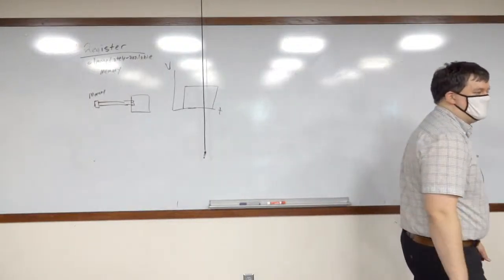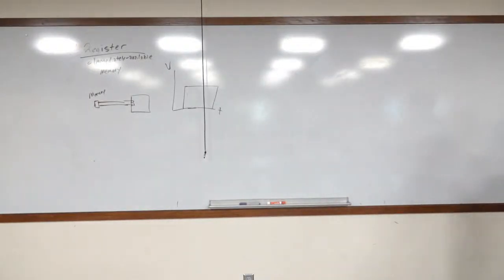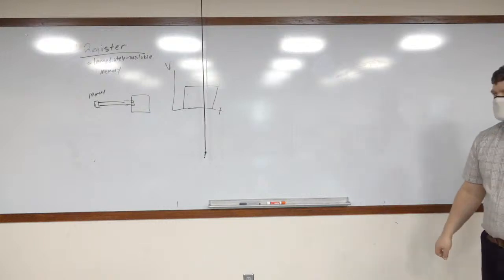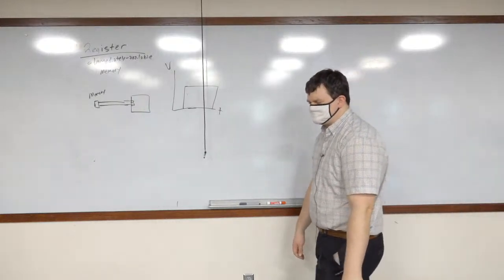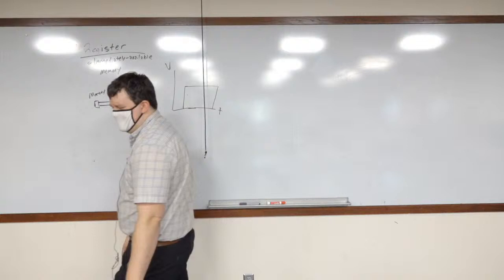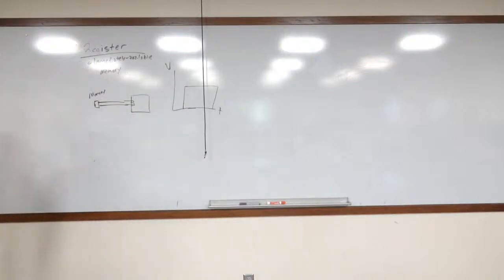Because if the connection between the processor and the register is broken, your entire system is trash. Most connections, if you sever one connection, the rest of the system can kind of still work.